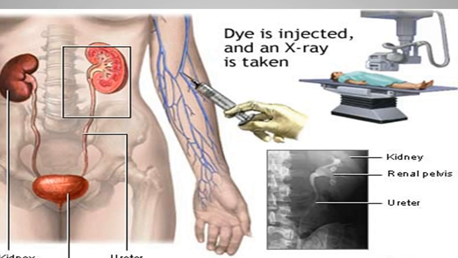IVP. And remember, anytime you get a dye, all patients are at risk for nephrotoxicity. And there is a theory that sometimes physicians have been known to order acetylcysteine or Mucomyst to be taken orally for the patient prior to this exam, but there's been a lot of disproof that this actually helps to reduce the chances of renal failure.